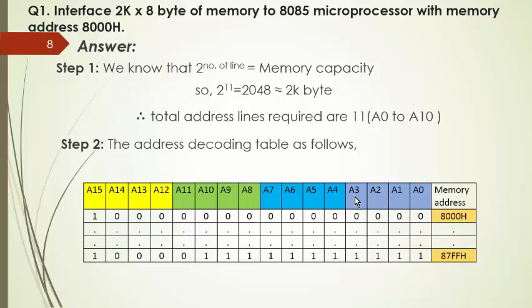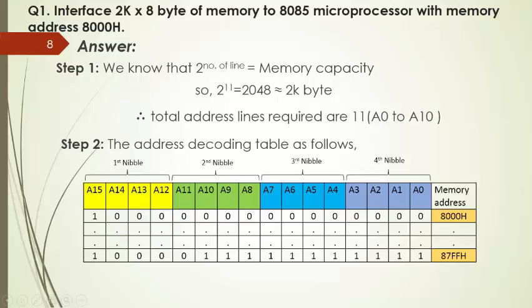You have to make the nibbles, that is A0 to A3, A4 to A7, A8 to A11, A12 to A15. So the first nibble consists of A12 to A15, the second nibble of A8 to A11, the third nibble of A4 to A7, and the fourth nibble of A0 to A3.